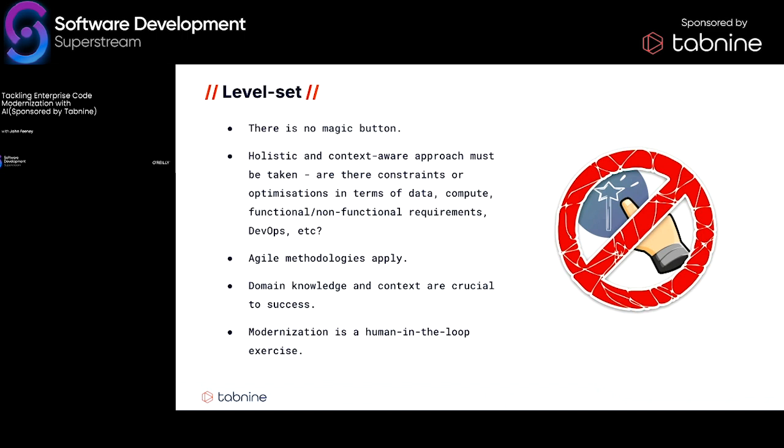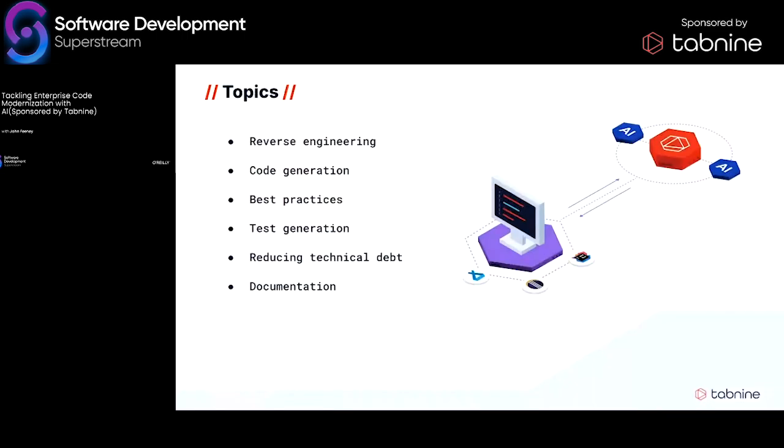Okay, with all of that out of the way, massive disclaimer. Let's move on to some of the topics that I'd like to cover. So I want to talk about how Gen AI is going to greatly assist with reverse engineering a legacy system, generating the new code, ensuring that generated code is in line with best practices for your organization, how you can ensure that code works through tests, and have AI help you greatly with that as well.